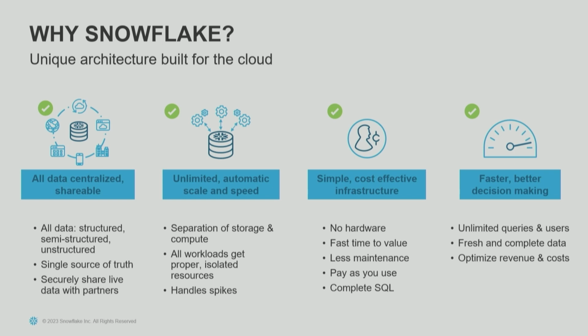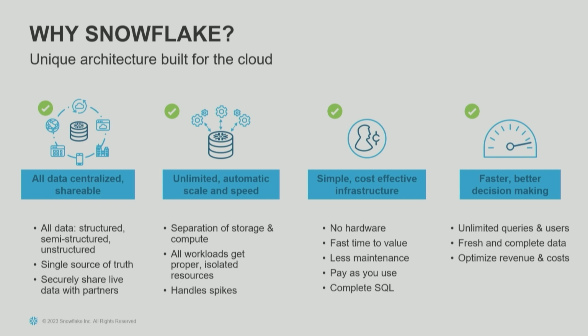With Snowflake, we utilize the cloud. With our unique architecture, we are able to provide you unlimited scale. At the same time, we can separate your storage and compute. This helps us isolate your workloads, and at the same time, there will not be any spikes.